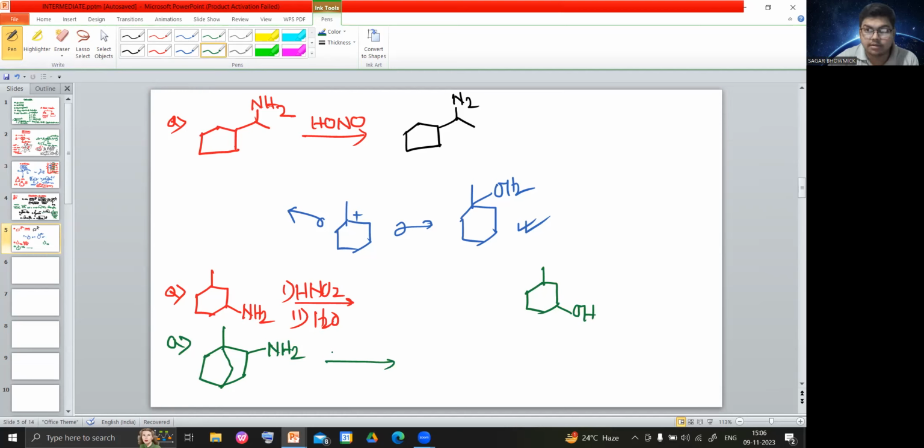You have to take care of any shift. If it is a methyl shift or hydride shift, if it is giving a bridgehead carbocation, then that will not be feasible, right? First step NaNO2 HCl, second water. Here the product will be OH2.